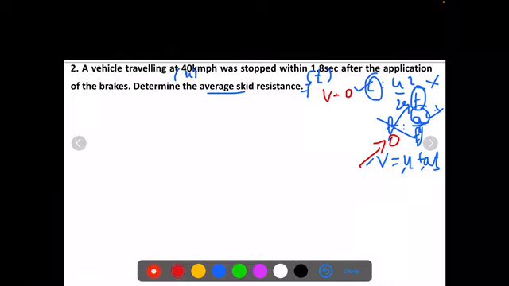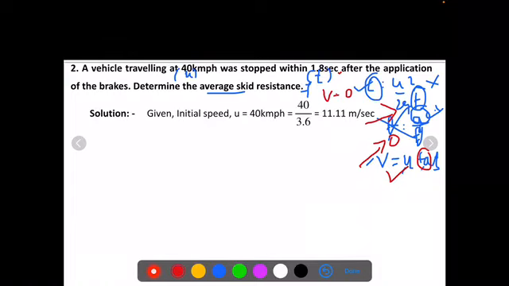The relationship between initial speed, final speed, time and acceleration can be done with the help of V is equal to U plus AT. Use this formula to determine the acceleration of the vehicle. Then you can substitute the acceleration in the relationship F is equal to A by G. With that we can determine the coefficient of friction, or skid resistance developed.